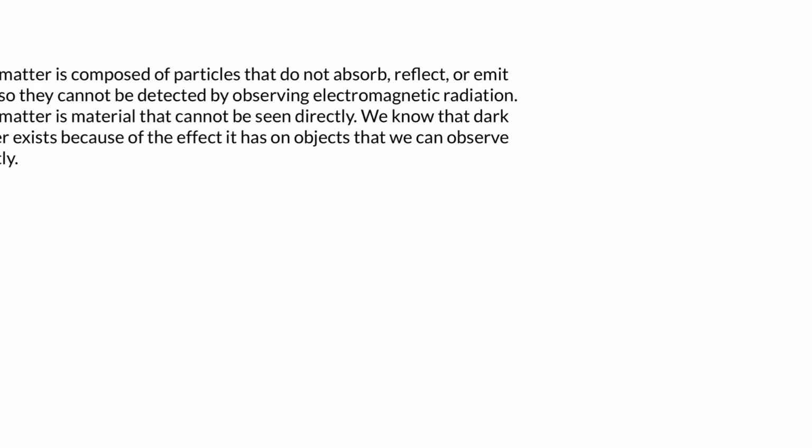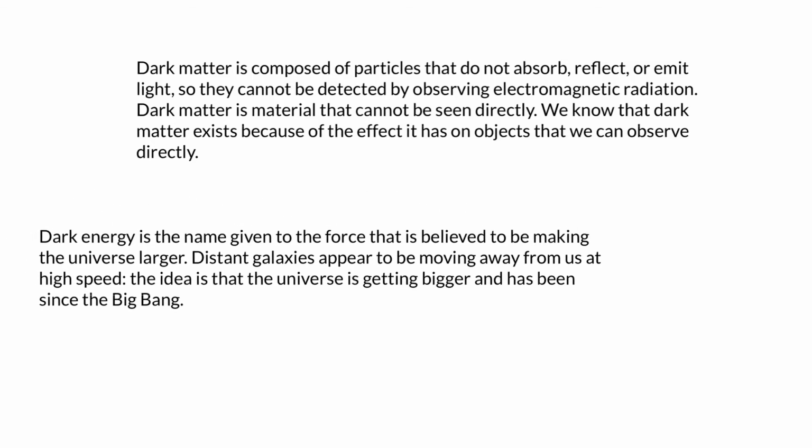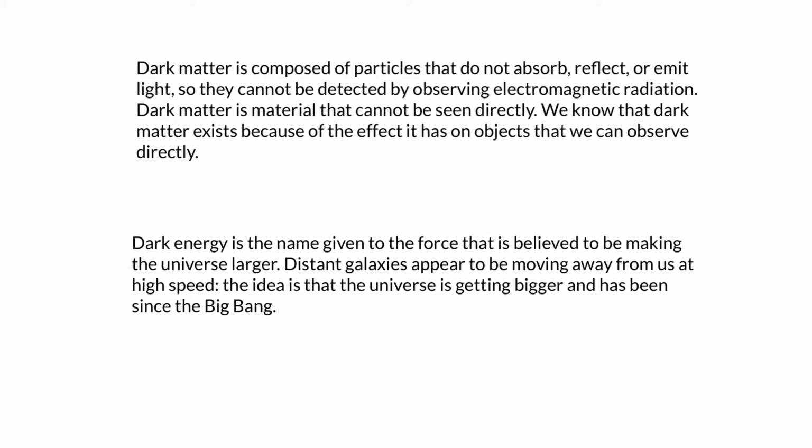Or if you're being lazy, then you can see that the dark matter definition is there in simple terms, and the dark energy simple definition is just there. But certainly please spend some time looking at the difference between the two and getting as much information written down ready for your notes as possible.